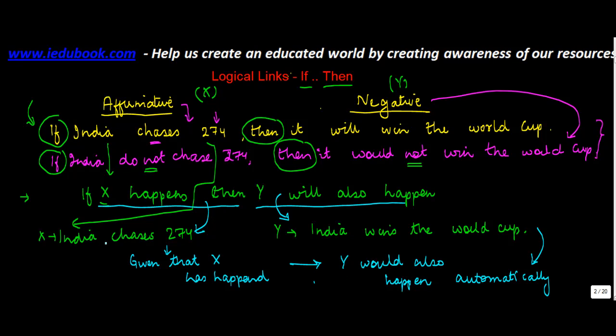So if India chases 274, India wins the World Cup. If X happens, which is India chases 274, then Y will also happen. India wins the World Cup. It's not necessary that in addition to doing this, anything else happens. Once you've chased 274, you win the World Cup. So if X has happened, then Y will also happen automatically without anything further being required to be done.